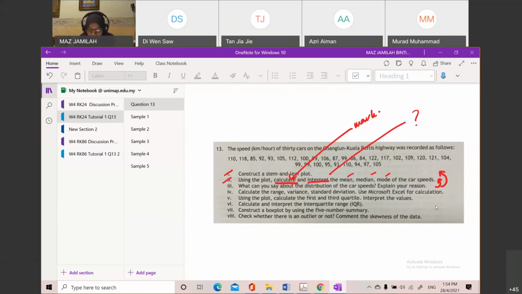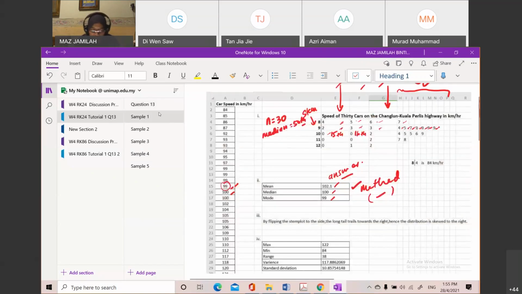When you answer this third question, what can you say about the distribution of the car speed? It means you are trying to understand the distribution of the car speed among all the 30 cars that you collected. Let us look at the first sample.